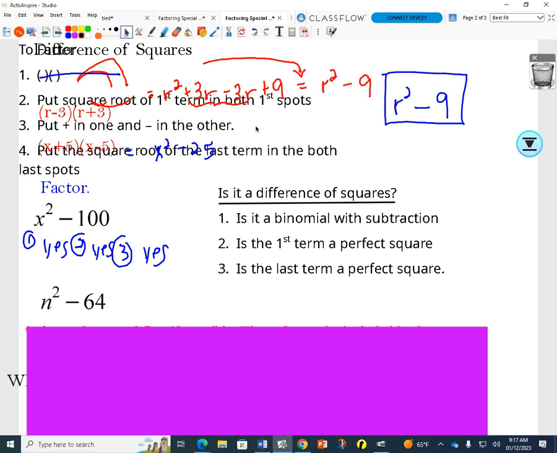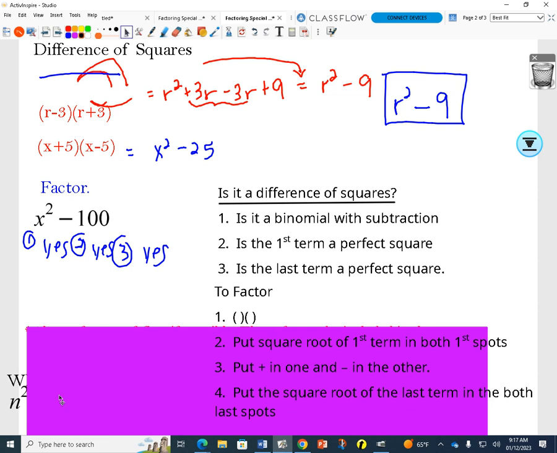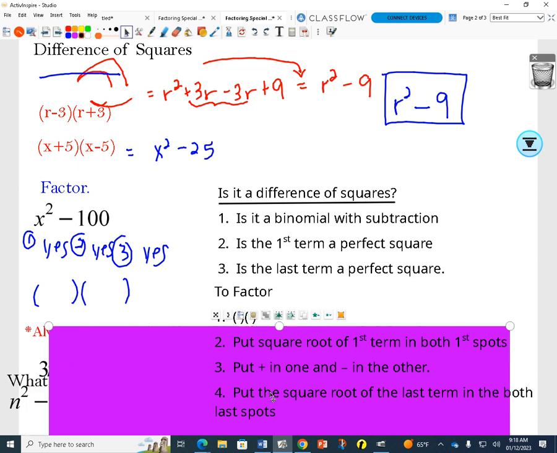All right, so the steps to factor, we're going to give ourselves two empty parentheses. Put the square root of the first term in both spots. So the square root of the first term, x times x gives me x squared, so x goes in both spots.